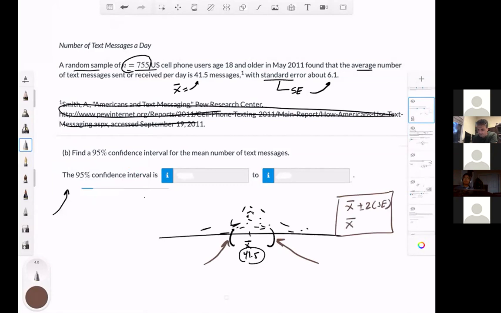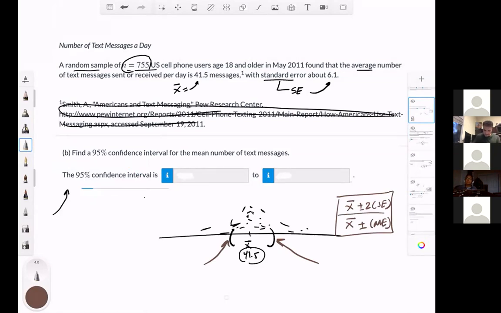Another one is X bar plus minus margin of error. So which one do you want to pick? The top one? SE, standard error. Very good. So we have a standard error, so this is a good candidate.